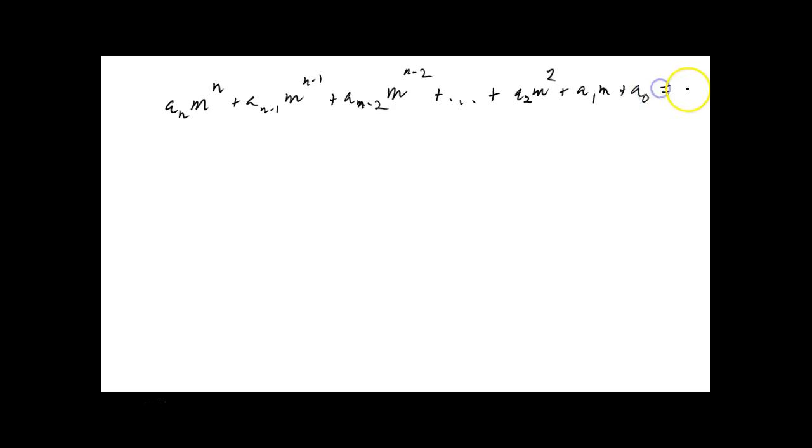The auxiliary equation would be a sub n m to the n plus a sub n minus 1 times m to the n minus 1 plus a sub n minus 2 times m to the n minus 2 plus dot dot dot all the way down to a sub 2 m squared plus a sub 1 m plus a sub 0 equals 0.